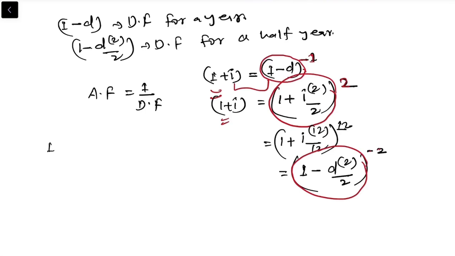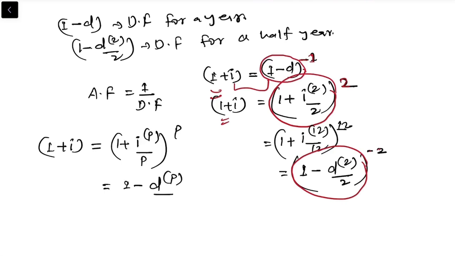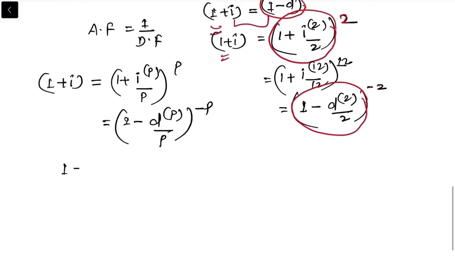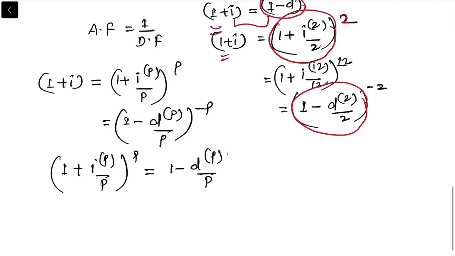So in general, can I say 1 plus i is equal to (1 plus i^(p)/p) to the power p, and this is also equal to (1 minus d^(p)/p) to the power minus p. So from here I can write (1 plus i^(p)/p)^p equals (1 minus d^(p)/p)^(-p).